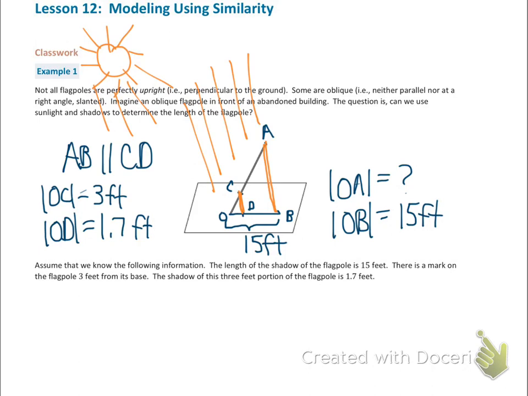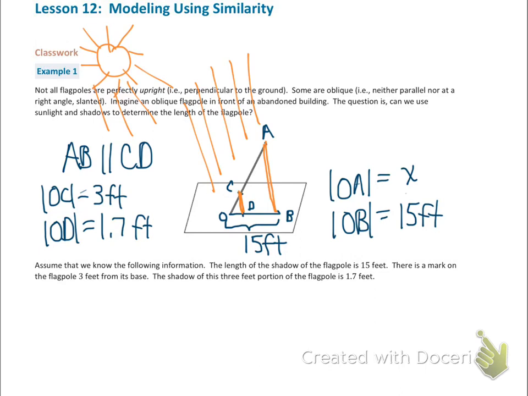So we can use the fact that the ratios of the side lengths are going to be equal. Let's let our length OA, which is what we're trying to find out, be our unknown. So we'll call our unknown X, and we can set up these ratios.